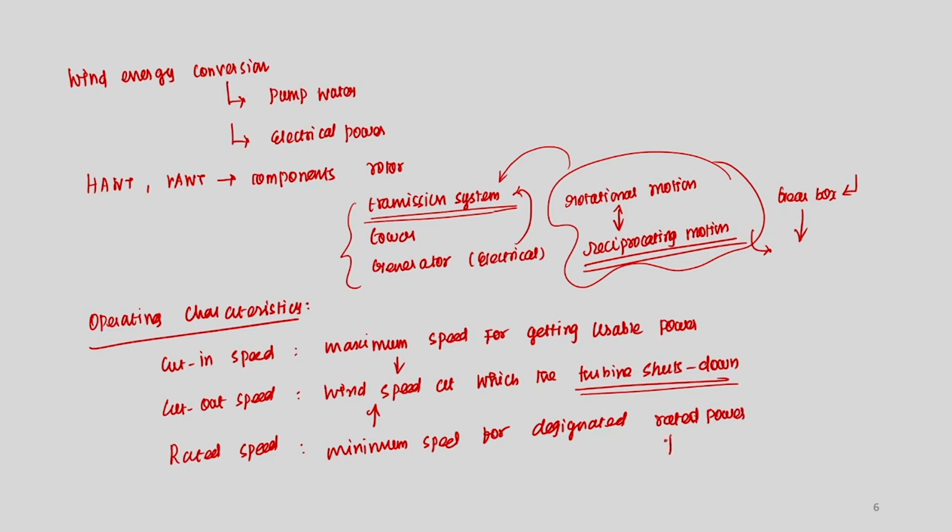If the wind turbine is designed for, for example, 55 kilowatt, so for 55 kilowatt rated power, what should be the minimum wind speed you need to have. So, that is nothing but the rated speed. So, normally based on the wind speed, the wind turbine operates between cut-in speed and rated speed. And then we have also seen certain design characteristics.